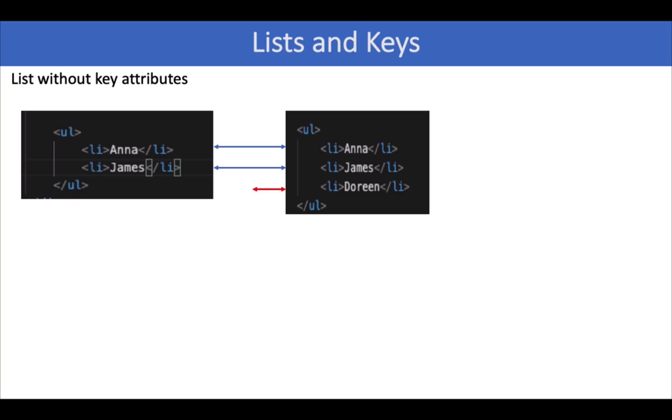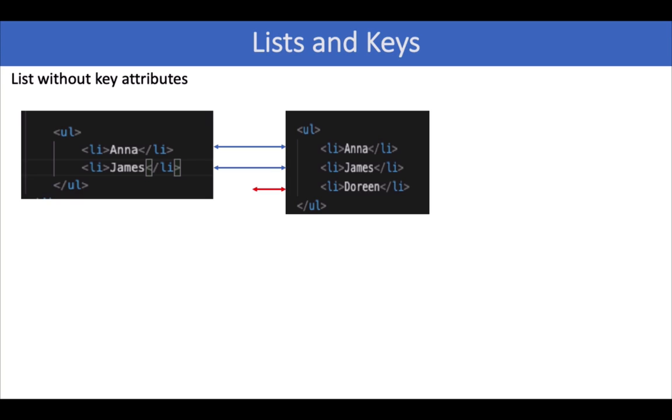It sees that there is a difference and simply inserts the third item into the DOM tree. This way, instead of tearing down the old tree and building a new tree from scratch, React simply updates the tree by inserting the item at the end of the list. Nothing else has to change.